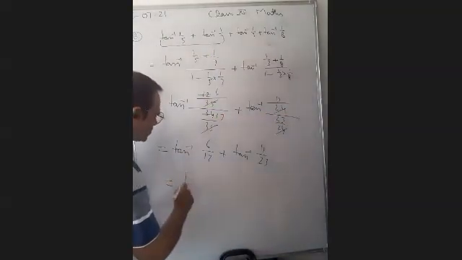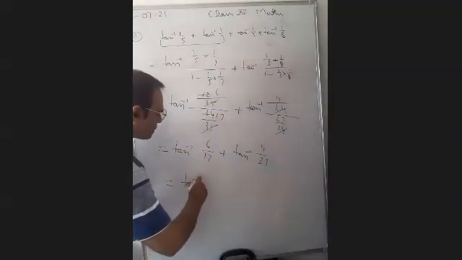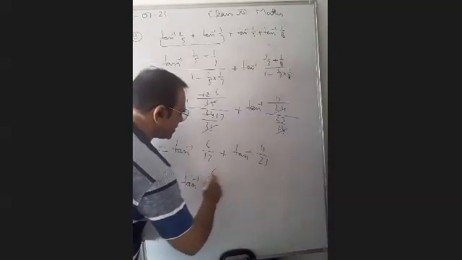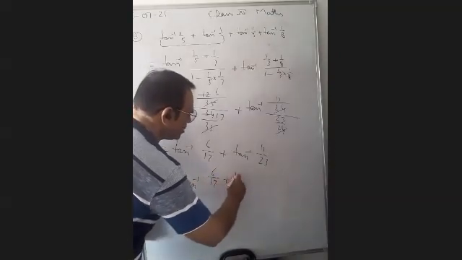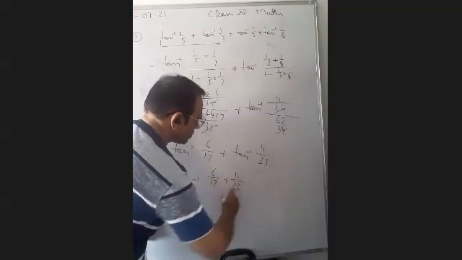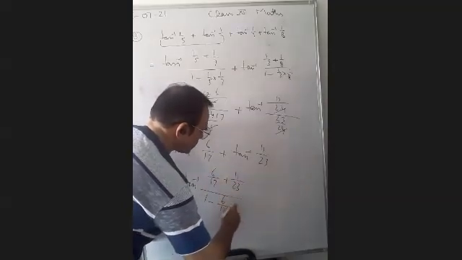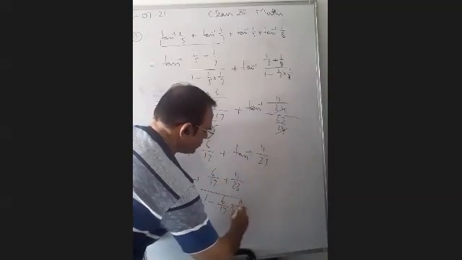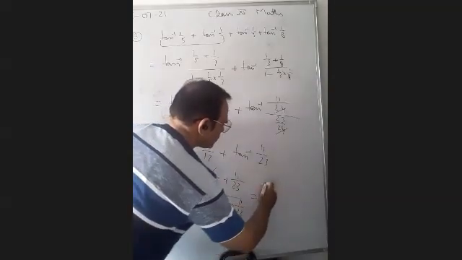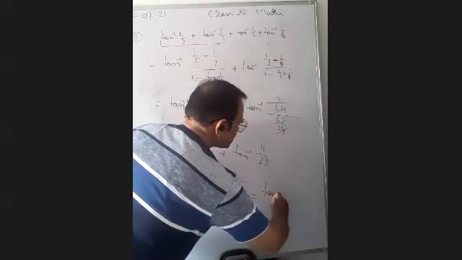Tan inverse of (6/17 plus 11/23) upon (1 minus 6/17 into 11/23) equal to tan inverse.